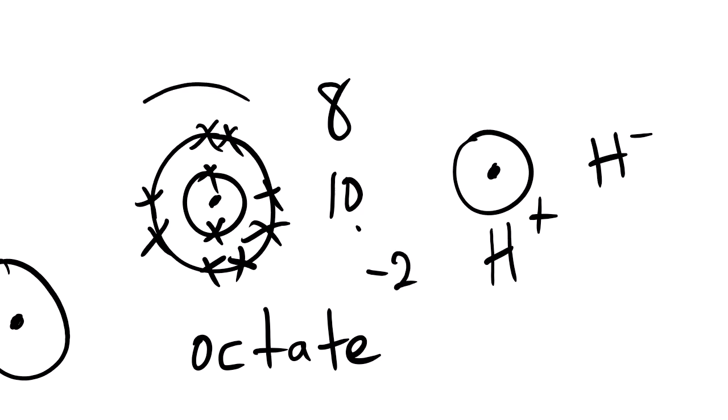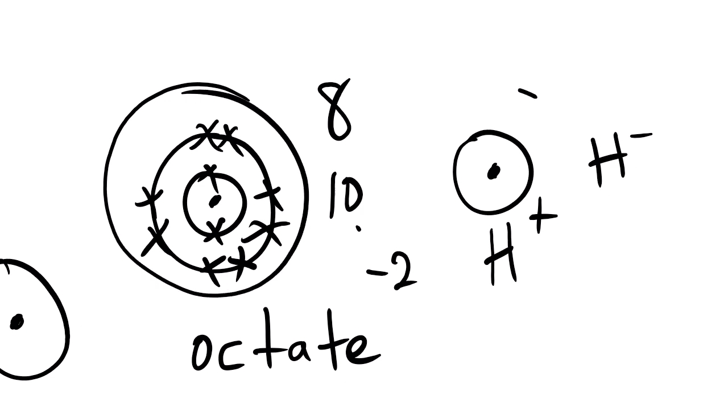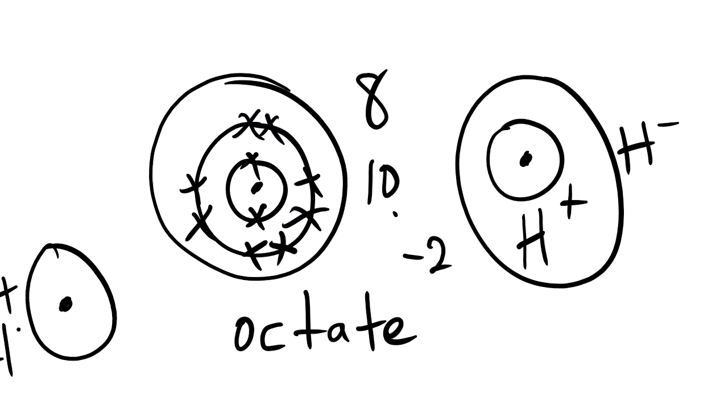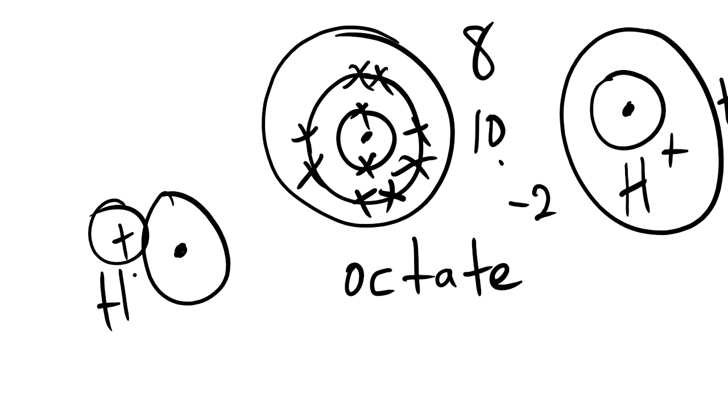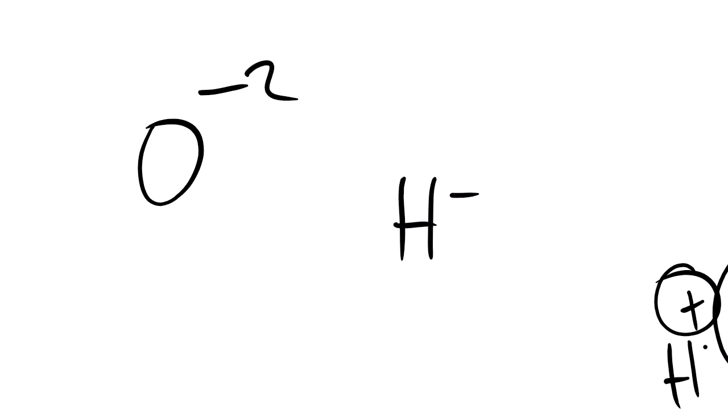Now you have -2 here, +1 here, +1 here. Adding everything together, oxygen here will have -2, and hydrogen here will have +1, and hydrogen here will have +1.